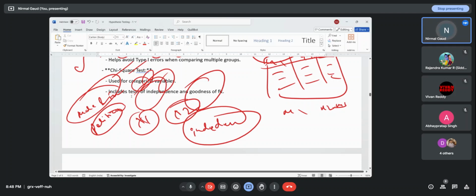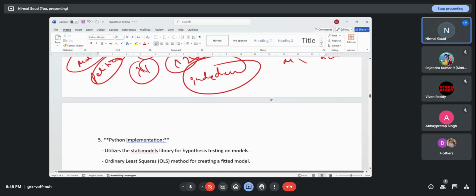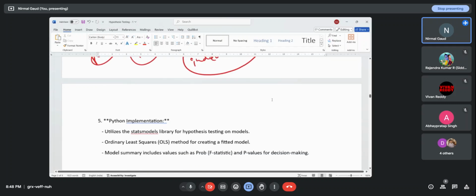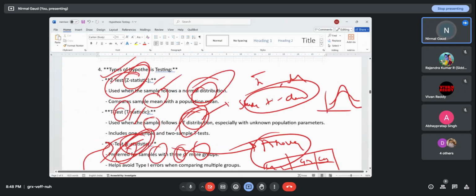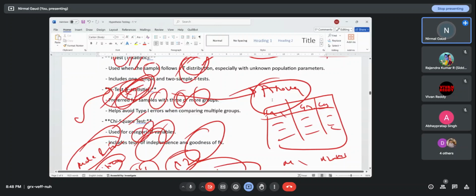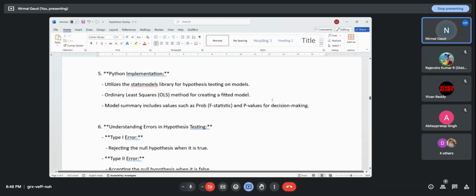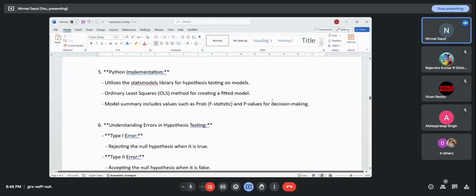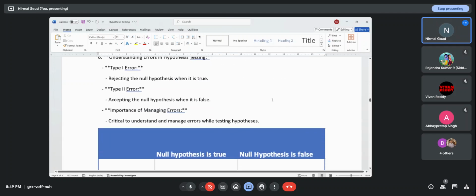Chi square gives you the test for independence and the goodness of fit. So these are commonly used hypothesis tests. The major ones we have studied are ANOVA and chi square. Only the implementation part, that we'll see ahead, how to use these techniques.